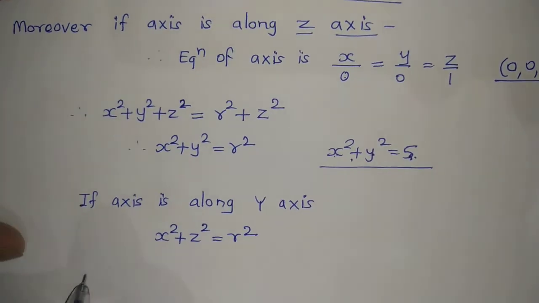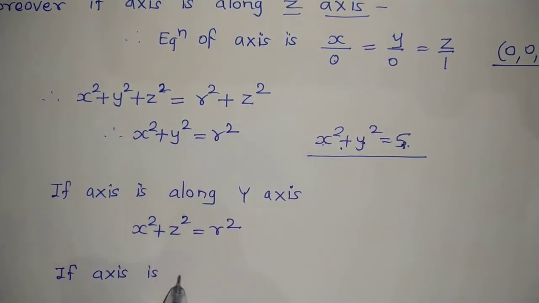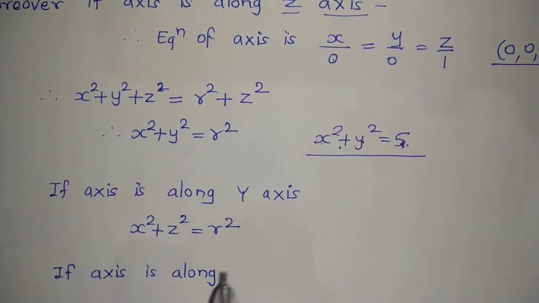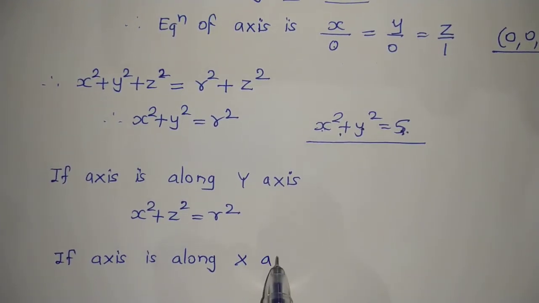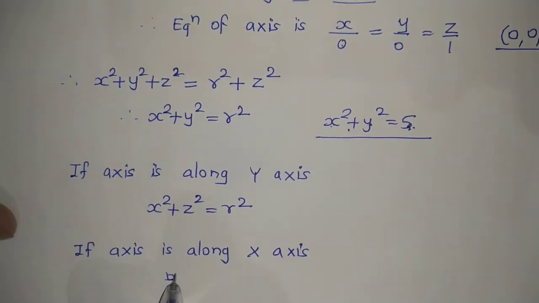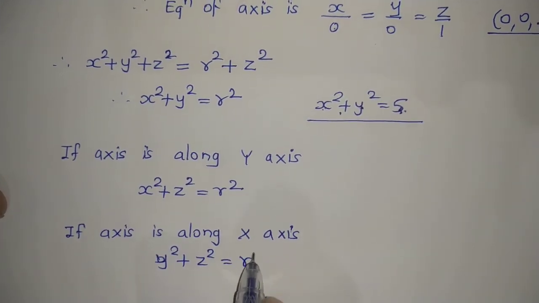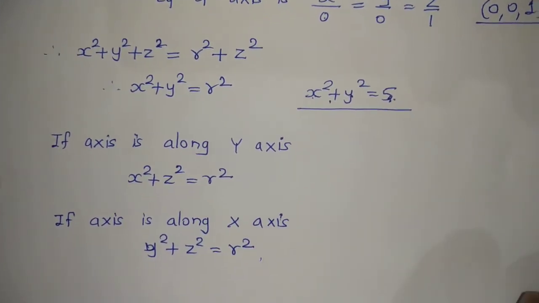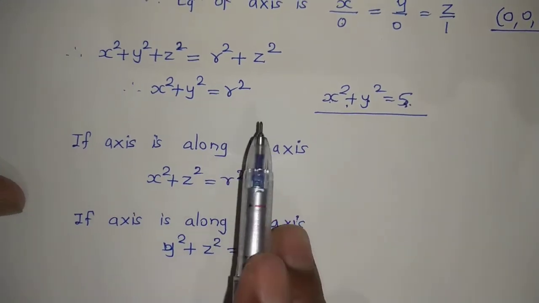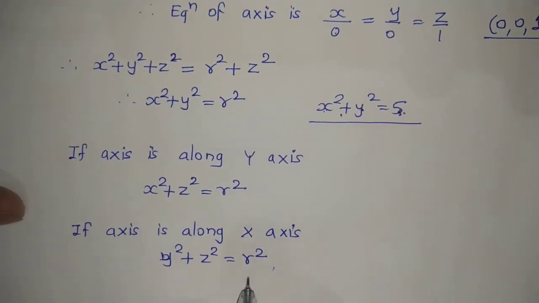Similarly, if the axis is along the x axis, then the equation of the right circular cylinder becomes y square plus z square is equal to r square. So these are the special cases of the right circular cylinder. Thank you for watching this video.